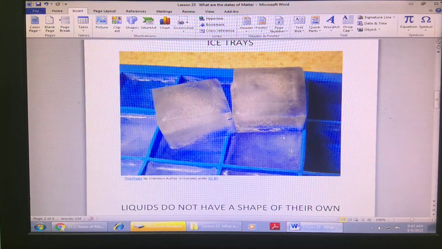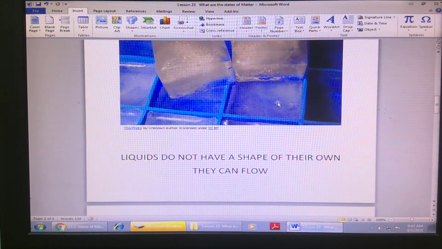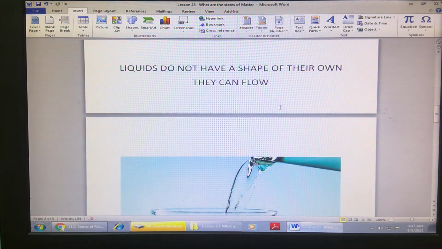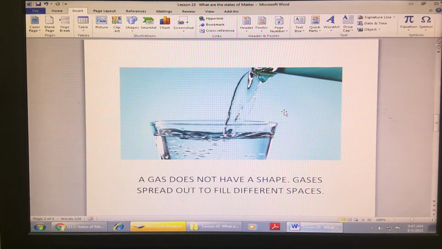If they were triangles, we'd have triangular ice cubes. So ice does have its own shape, but liquids, I should say, do not have a shape of their own. They can flow, and they will flow and take the shape of any container they are put in, such as this glass right here. Water just takes the shape of the glass.